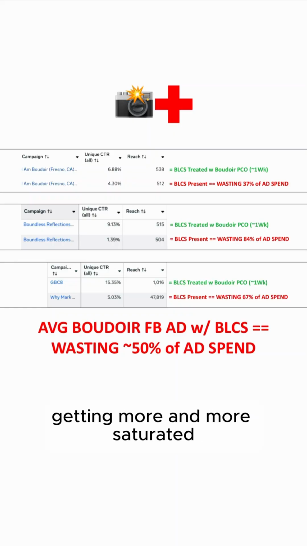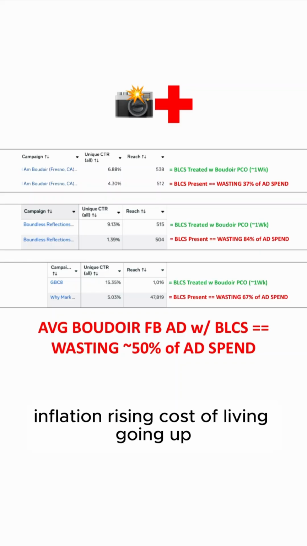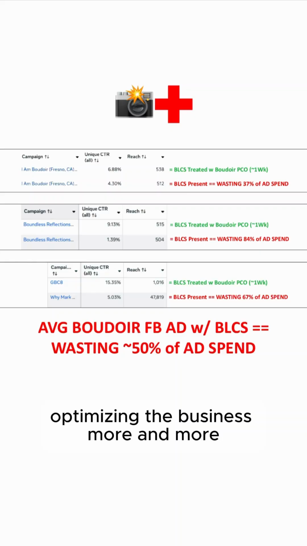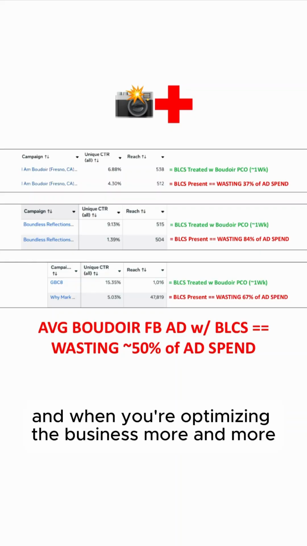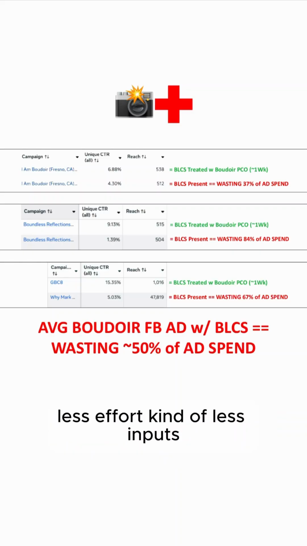So you're seeing the marketplace get more and more saturated, and you're also seeing inflation rising, cost of living going up. So you've already been pulling out more money, optimizing the business more and more. And when you're optimizing the business, you pull more money out for the same effort, or even better, less effort, kind of less inputs.